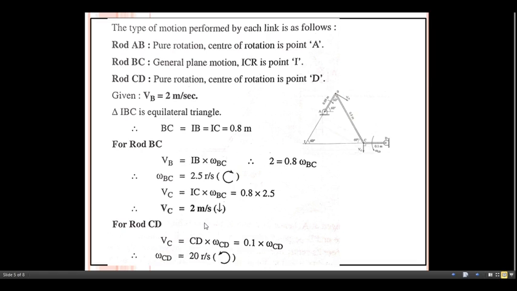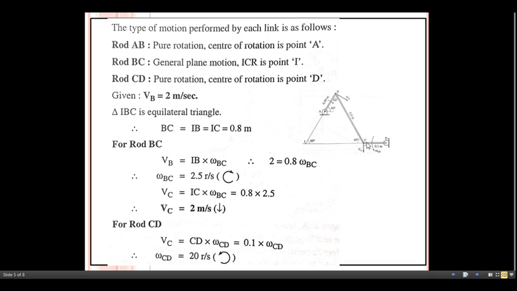Now see the various steps. The type of motion performed by each link is as follows. Consider the various links: AB, BC and CD. With reference to point A, which is the fixed point, pure rotational motion is possessed by link AB.